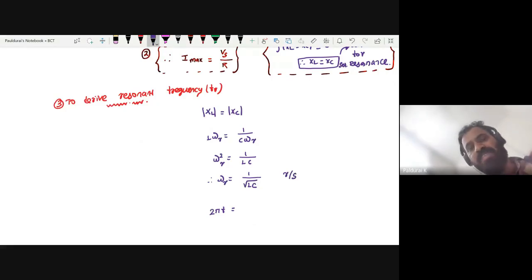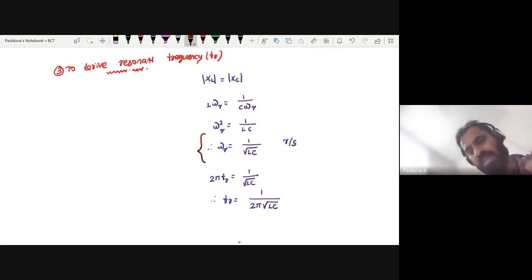But in terms of hertz, omega R equal to 2 pi FR equal to 1 divided by square root of LC. Therefore, my resonance frequency, a very, very important formula, is 1 divided by 2 pi square root of LC. The first is in radians per second, this one is in hertz. Both are very, very important. Please make a note.